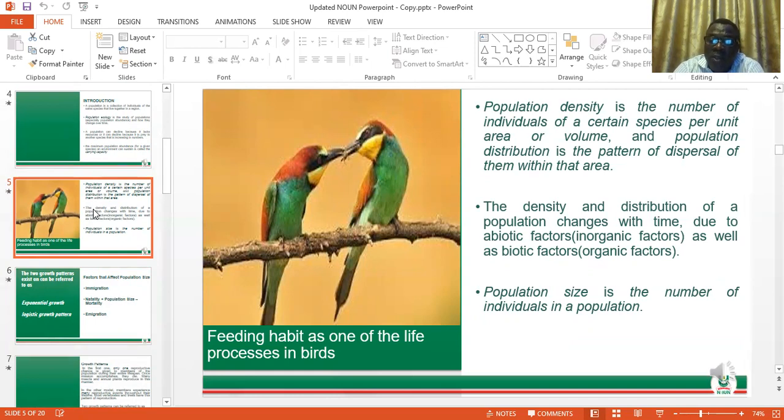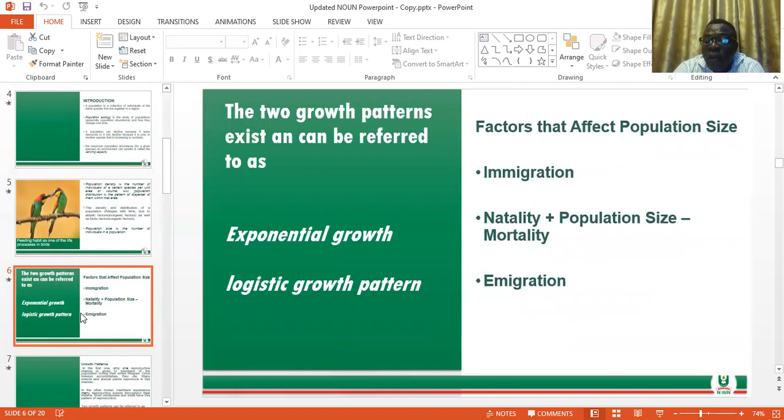Now density and distribution of population change with time due to biotic and abiotic factors, organic or inorganic factors. And the next slide shows factors that affect population size, 4 major of them: natality, mortality, immigration, and emigration. That's the 4 major factors that regulate population size.